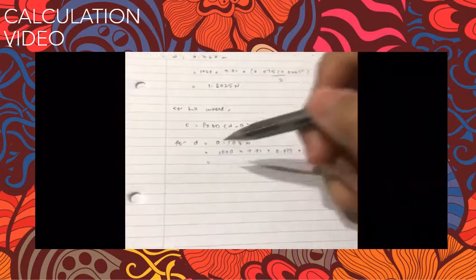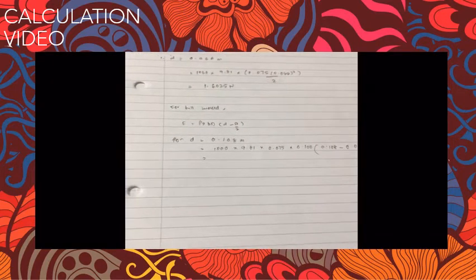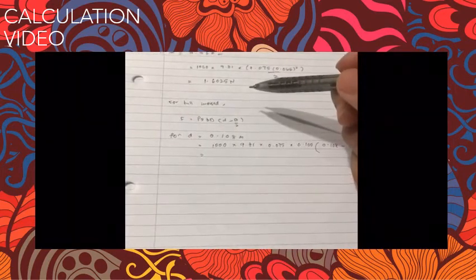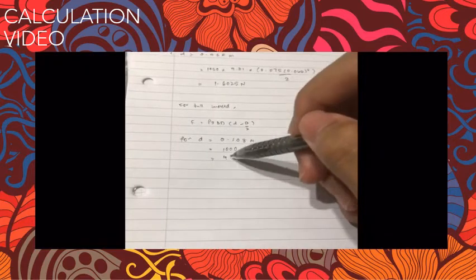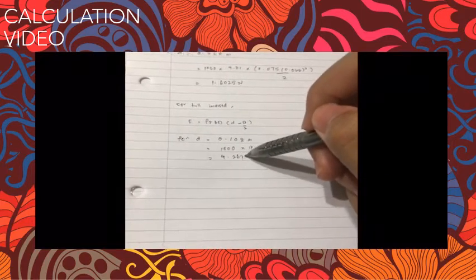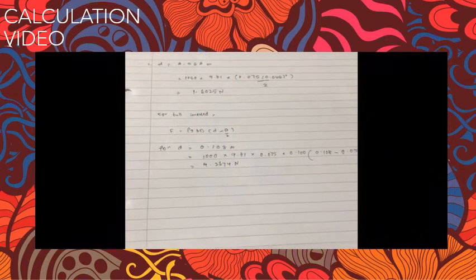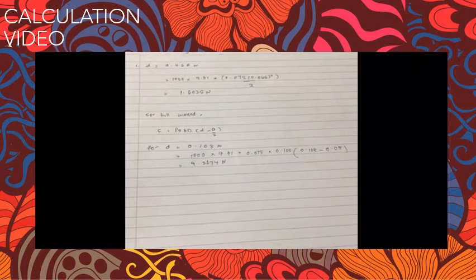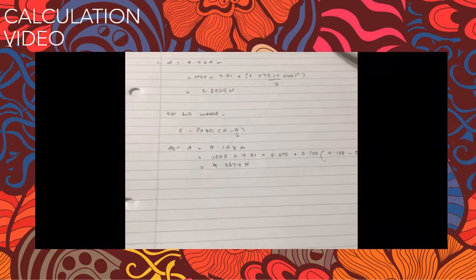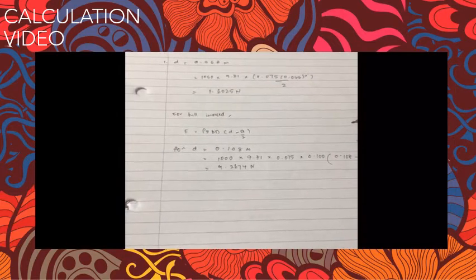So the final resultant hydrostatic force is 4.2674 Newton. This is the calculation video for finding the resultant hydrostatic force. The top one is for partial immersion and the bottom one is for full immersion.